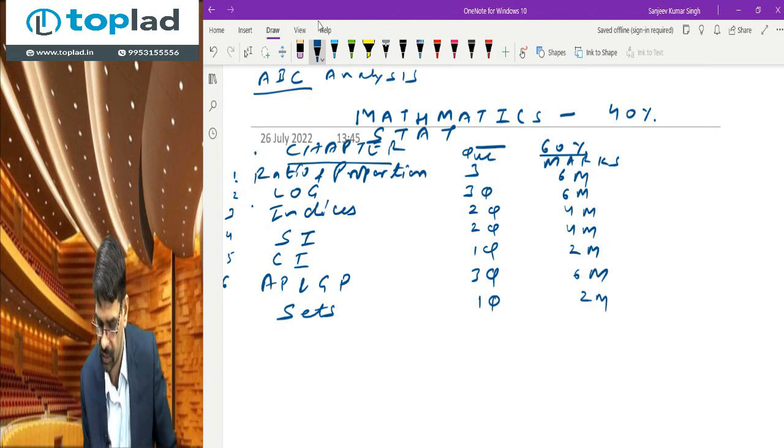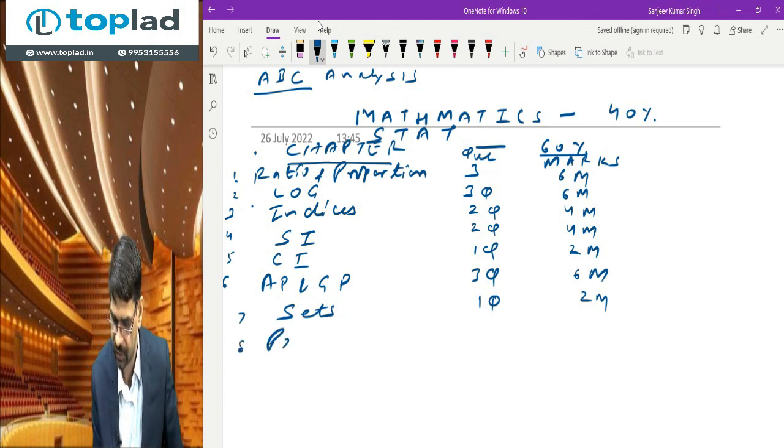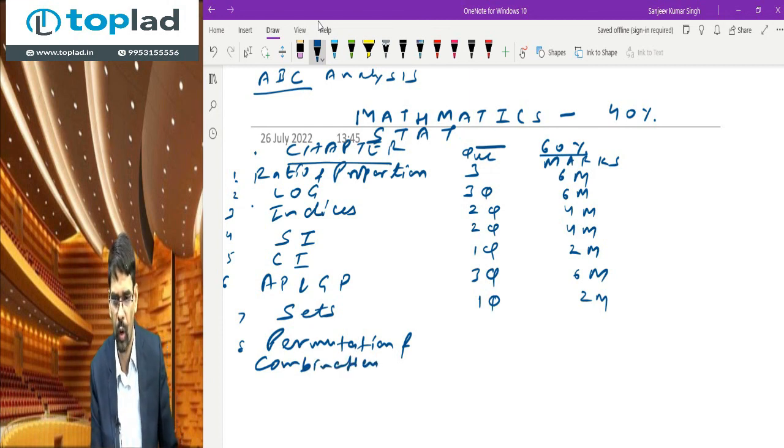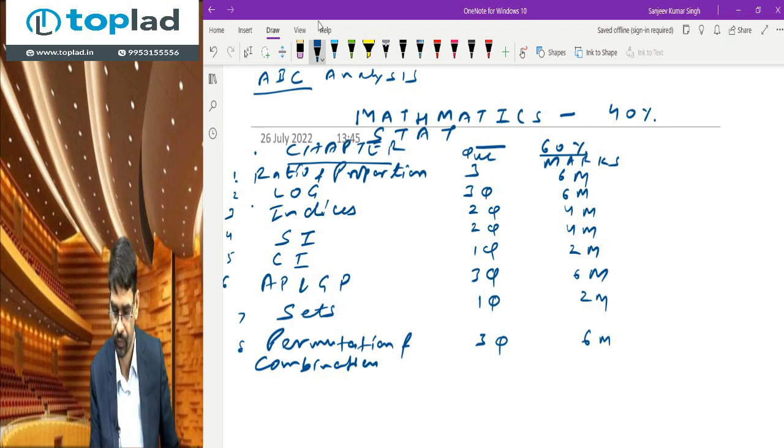And then the 8th chapter is permutation and combination. 3 questions, which means 6 marks.